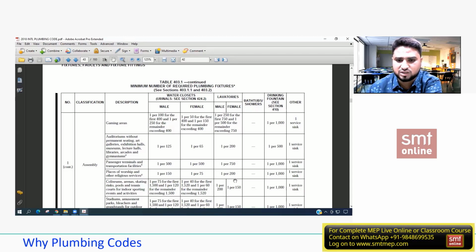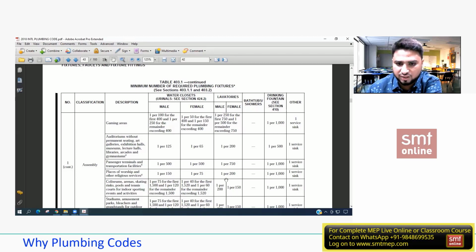It's not divided. That means it is applicable for men and it is applicable for women also. So I can go with 1 laboratory, because if there are 200 persons, 1 laboratory is more than enough, and for 200 females also, 1 laboratory is more than enough. Here is 150 and here is 150, what we have assumed. So that means I need 2 laboratories, 1 in the female area and 1 in the male area. Or else if it's combined, then this is 300. Still I need 2 only.